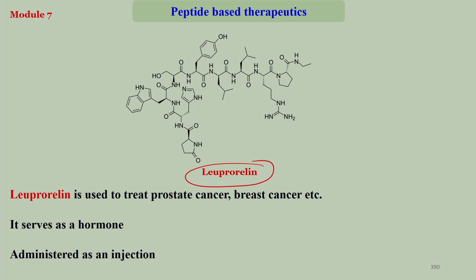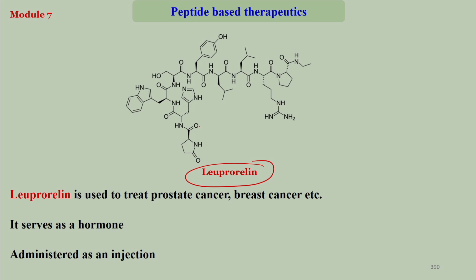Leuprorelin has this structure. It is a peptide, of course, you can see a short sequence. If you start from here, this is a proline, this is arginine, this is leucine, another leucine, tyrosine, this is serine, this is tryptophan, this is your histidine, and this is not a natural amino acid.